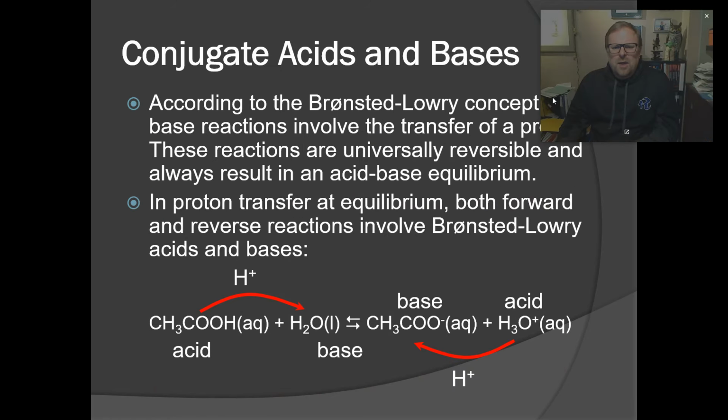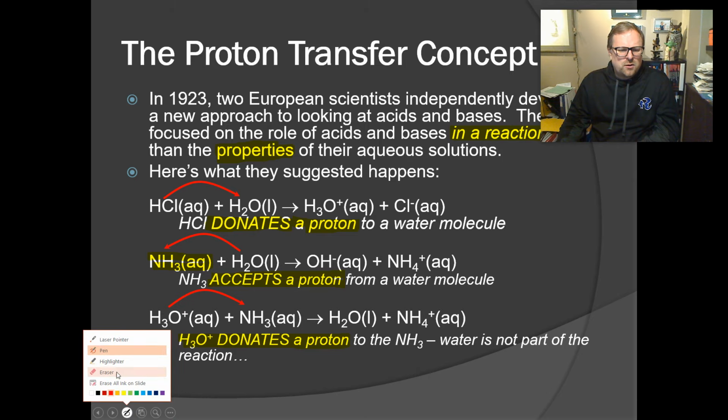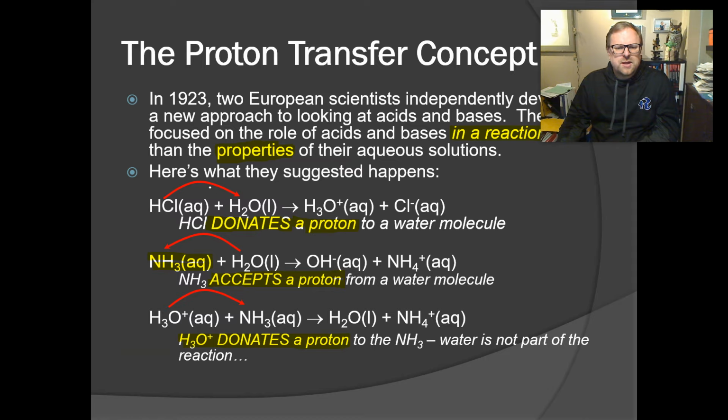So I want to go back here to look at these again, because there's something I know I didn't point out, and I don't know if you guys have picked up on it. I'm going to change the color of my pen just to make it stand out a bit. When we're talking about a proton in this case, we're talking about a hydrogen ion. Why?